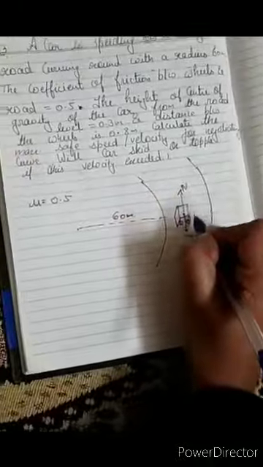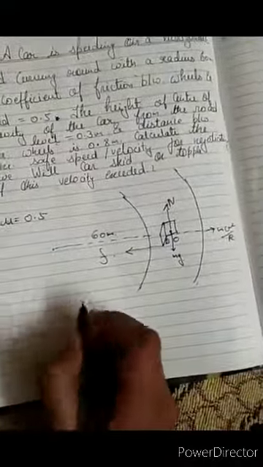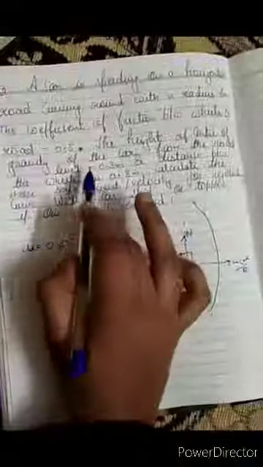This is our normal, this is our mv square by r, and of course we have a friction over here. Okay, students, look. When we discuss the condition of toppling, then we will take 0.3 and 0.8. Right now we just find the skidding velocity. Vmax we will find out.